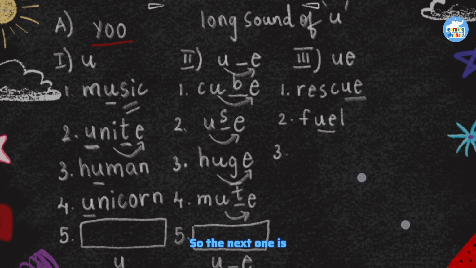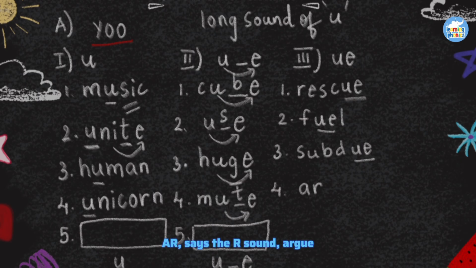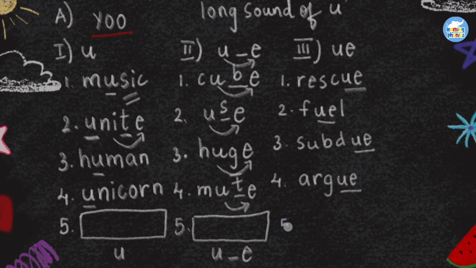Next one is subdue. Number four is AR, which says the R sound, argue. Fifth number, now everybody knows.